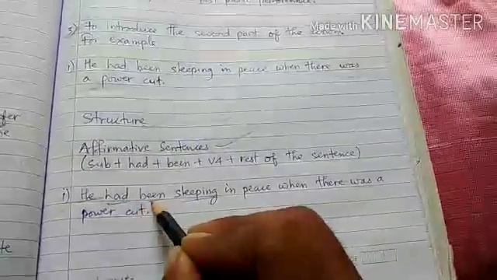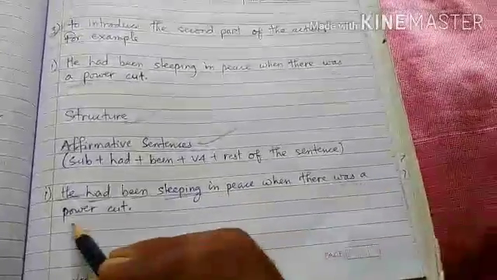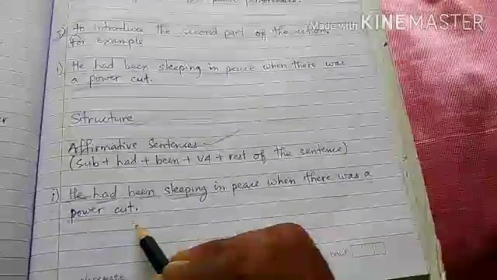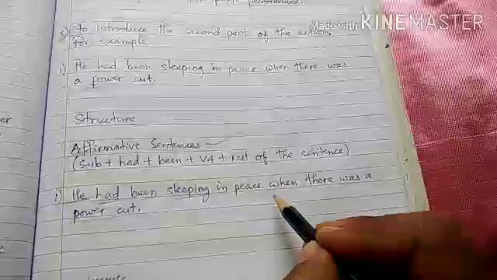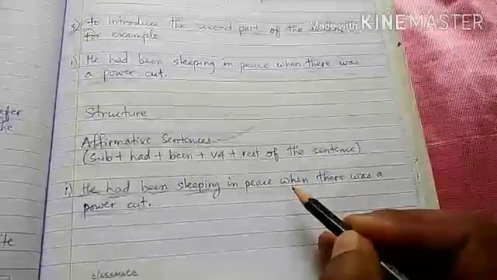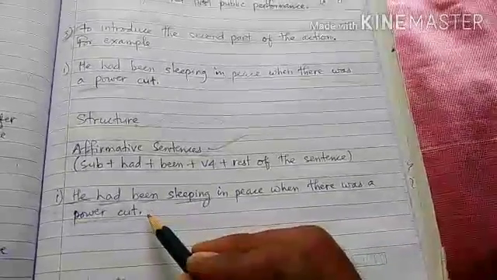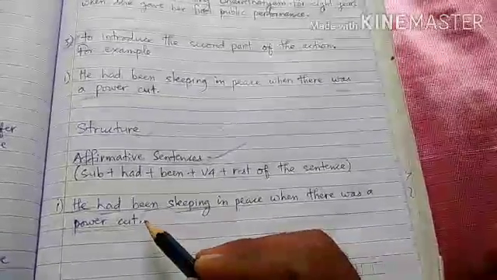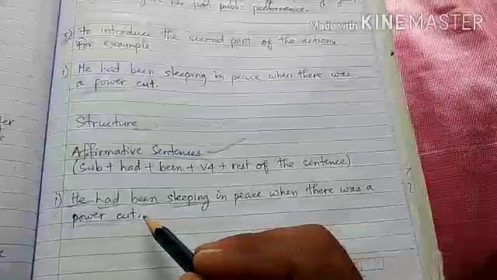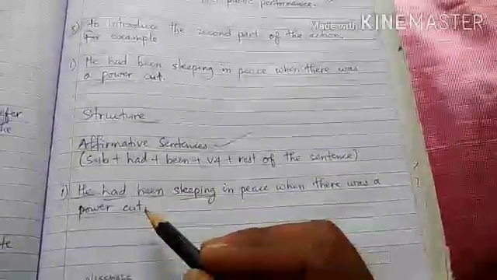"In peace when there was a power cut" is the rest of the sentence. We can also understand that another action has taken place here. So this is the affirmative structure of the sentences in the past perfect continuous tense.